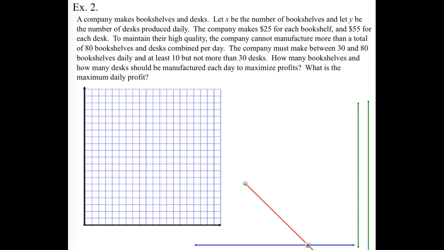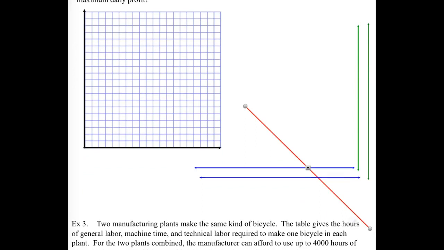Okay? It says a company makes bookshelves and desks. Let X be the number of bookshelves, and Y be the number of desks produced daily. All right, so X is bookshelves, Y is desks.